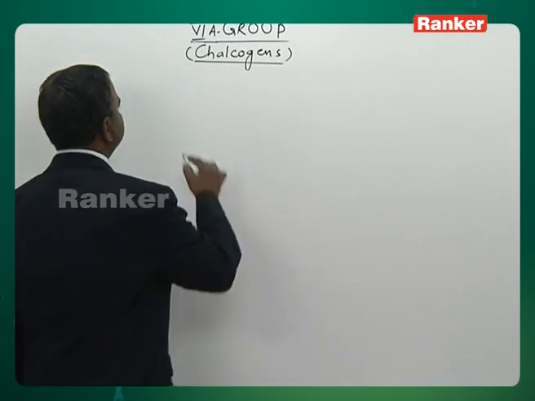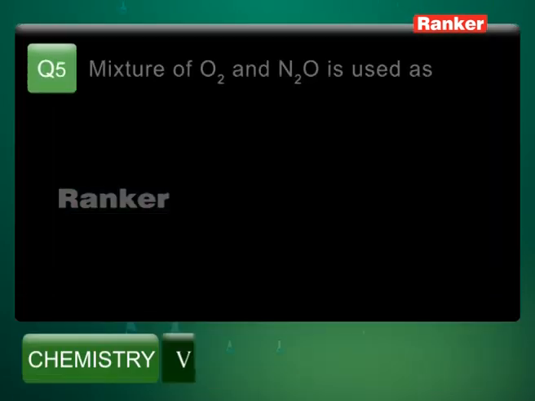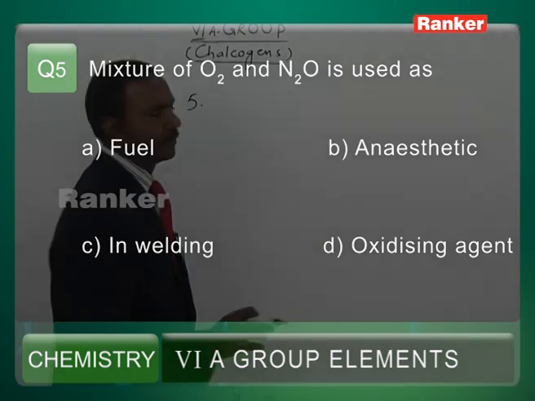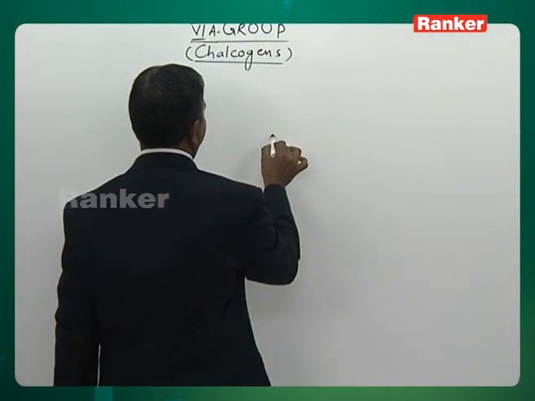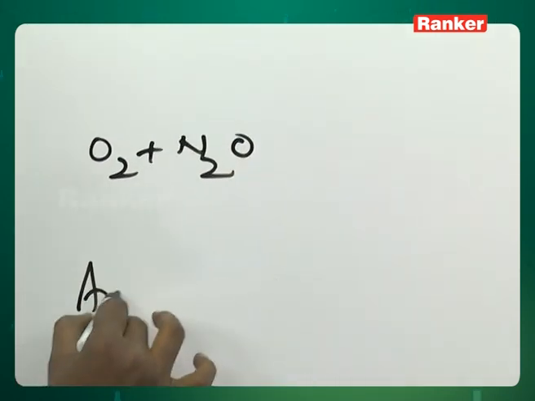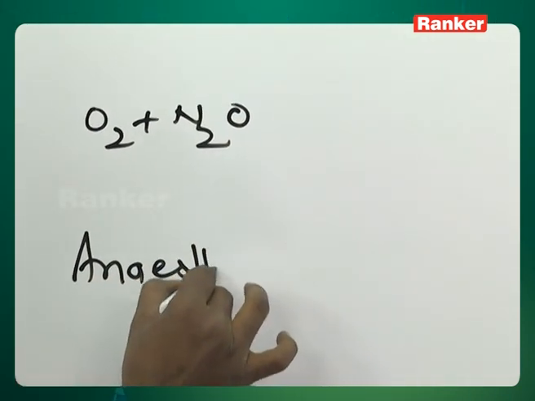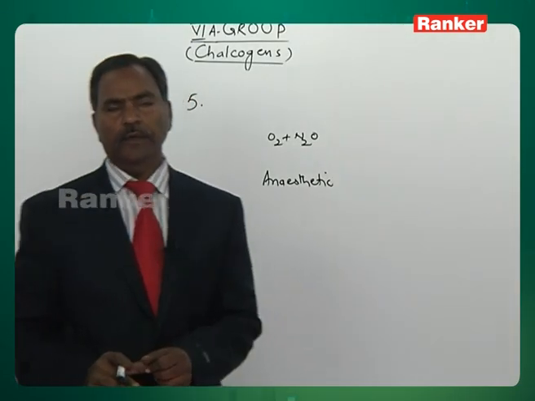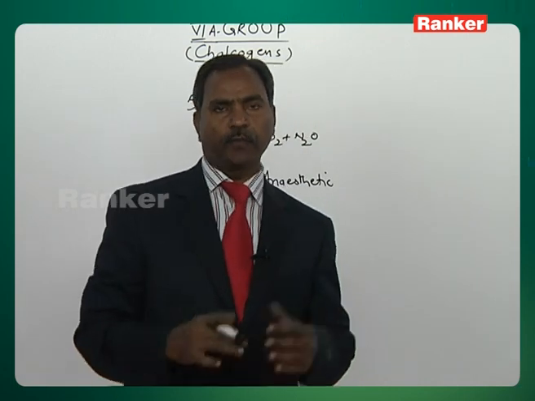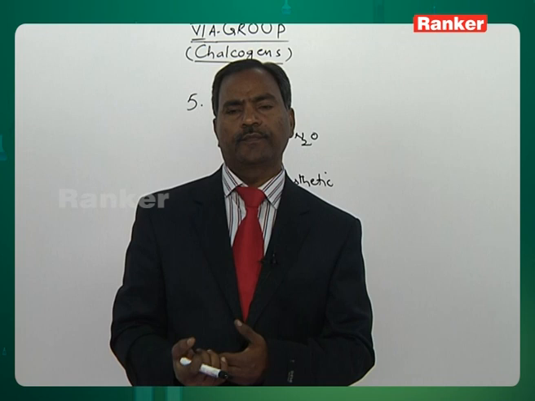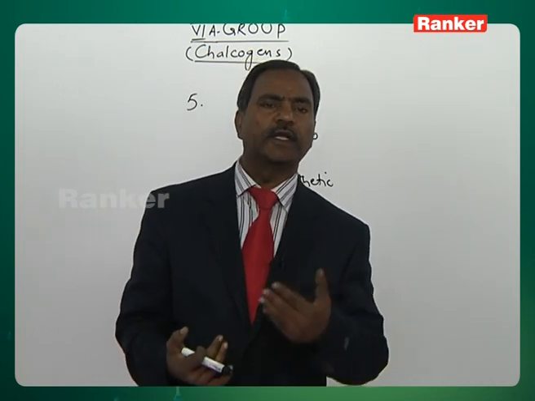Coming to question number 5, mixture of O2 and N2O is used as A. fuel, B. anesthetic, C. in welding, D. oxidizing agent. We talk about this particular oxygen and N2O, it is generally used as anesthetic. Generally, N2O is actually a poisonous gas. On inhaling moderate quantities, it generates hysterical laughter.